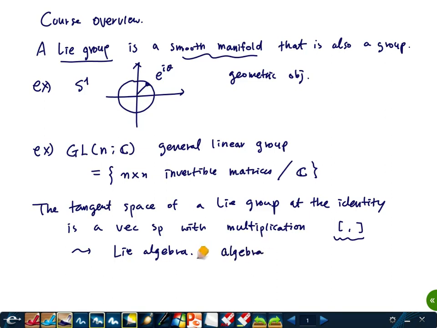It came from the tangent space of a Lie group, but we can give a definition without mentioning Lie groups, just a definition as an algebra: an algebra with a Lie bracket, satisfying a certain condition called the Jacobi identity.